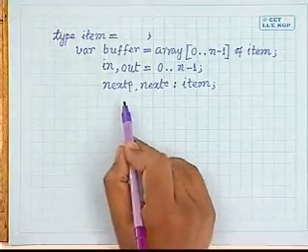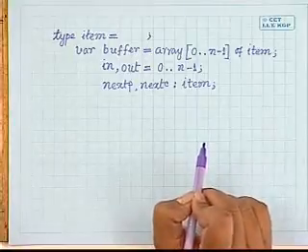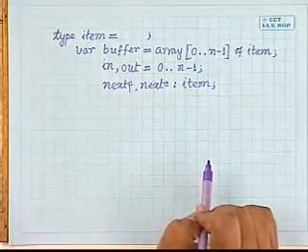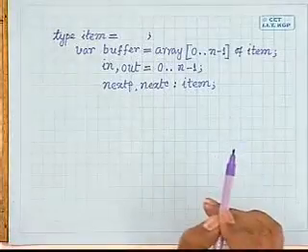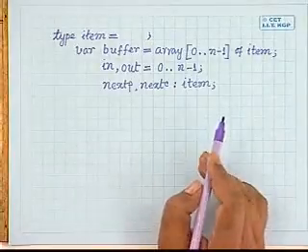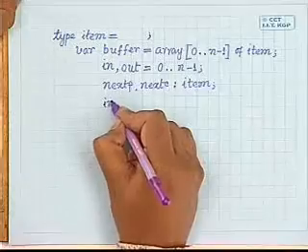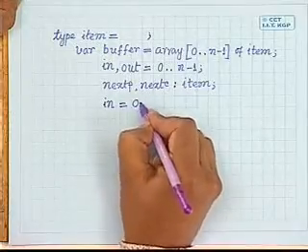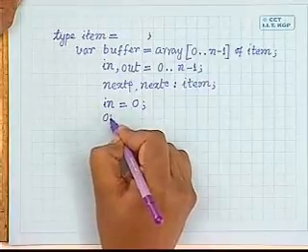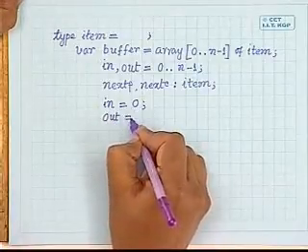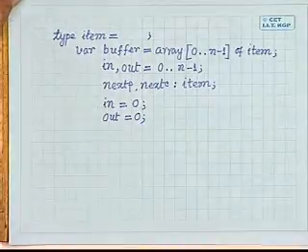Then from next p, it will be loaded into the buffer when some location in the buffer is free. Similarly, when the consumer consumes an item, it takes out an item from the buffer, puts that item into next c, and subsequently the consumer will consume it. Okay? And we'll initialize in to 0, out also to 0.